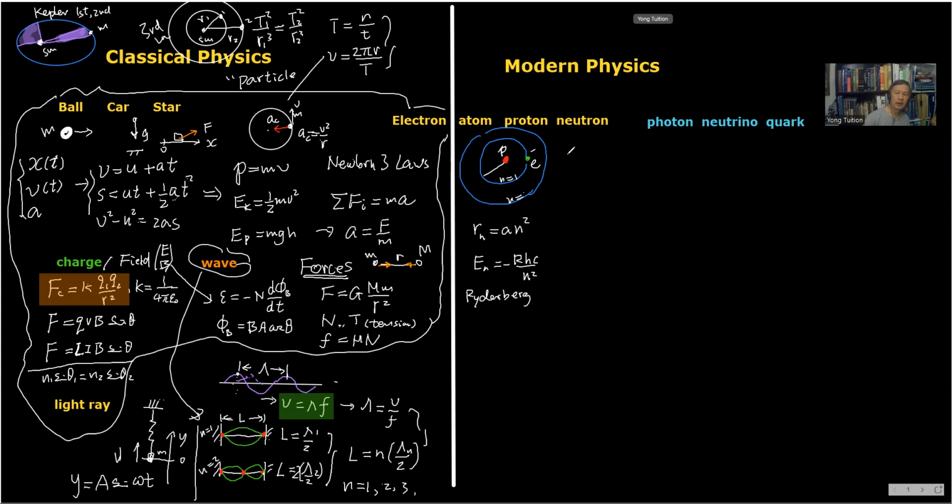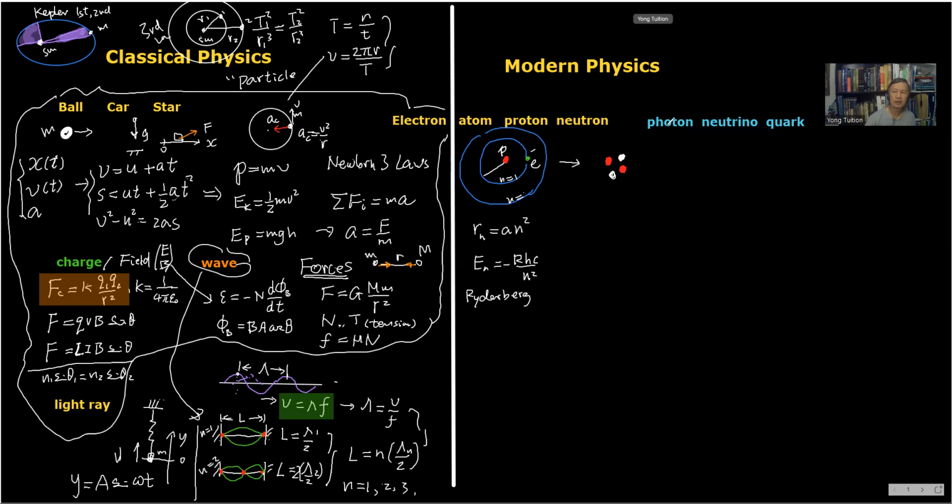Now by the time we go inside the nucleus, do you remember? Then we have to consider another force. Although this force is invisible, it's different. For example, consider the nucleus of helium. We have two protons inside.